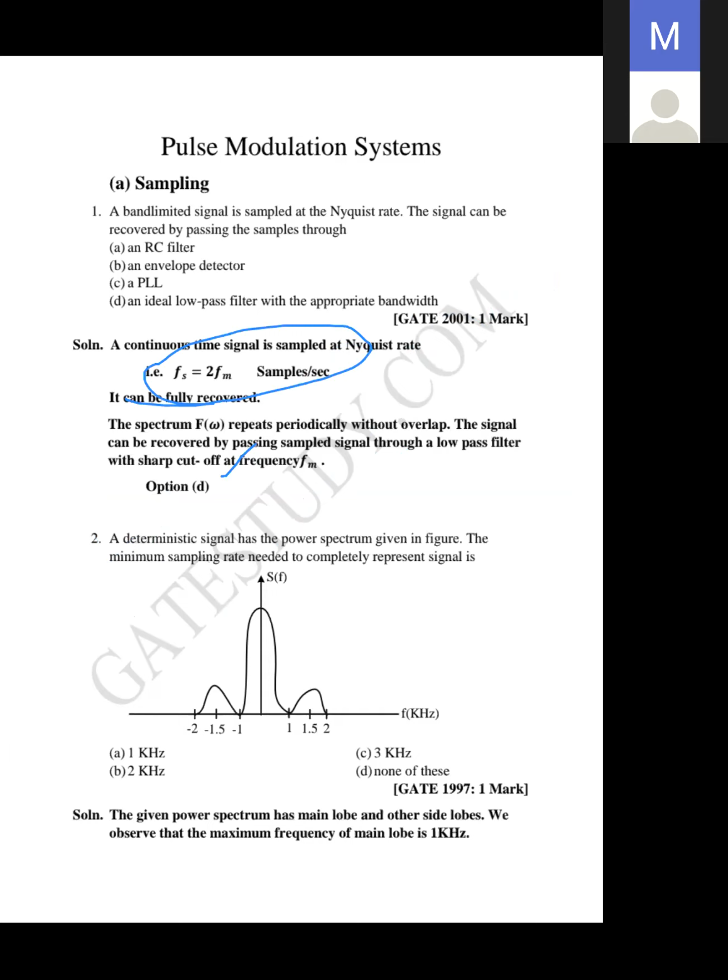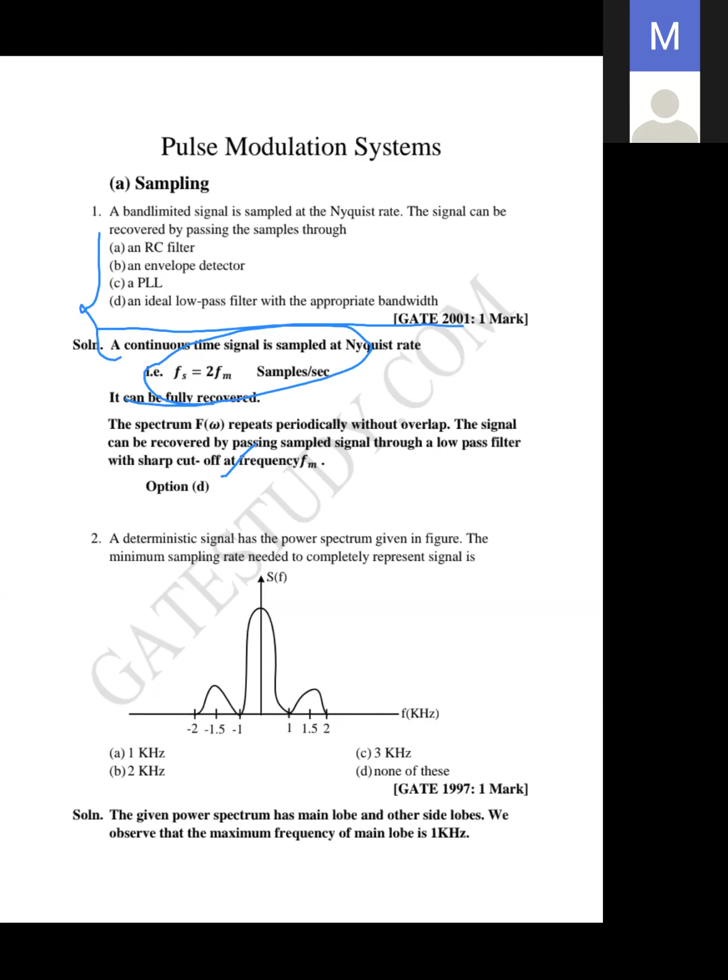So I need to pass the desired results to a low pass filter with that limited bandwidth. Then only I can get the desired outcome. That's why, among these four options, my answer is a low pass filter with appropriate bandwidth. Then only I can recover the correct information without any loss.